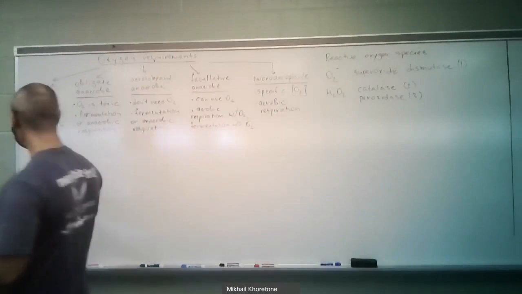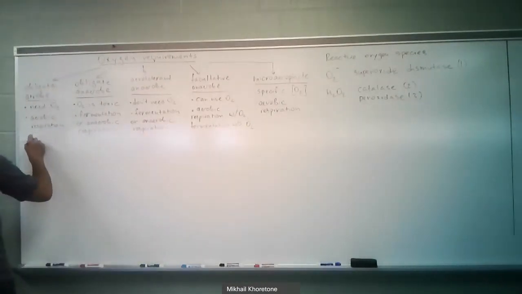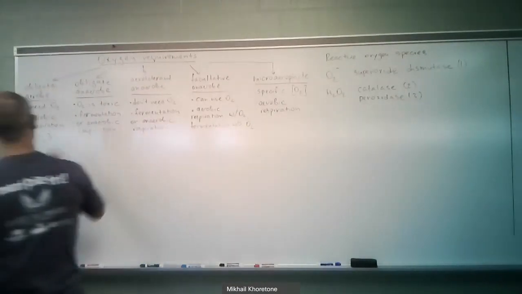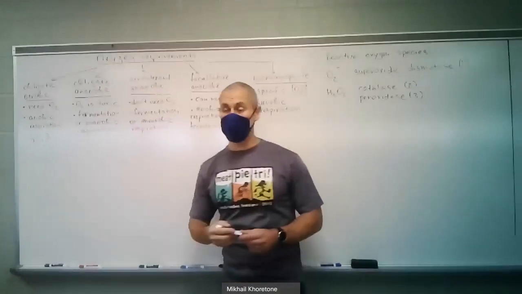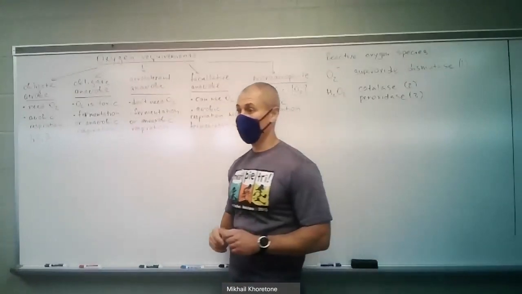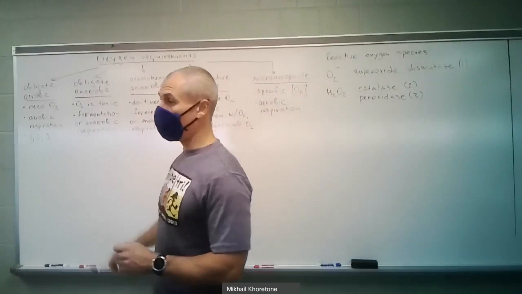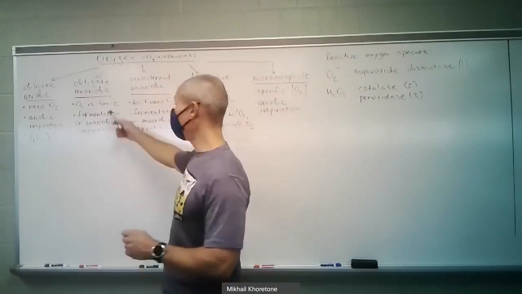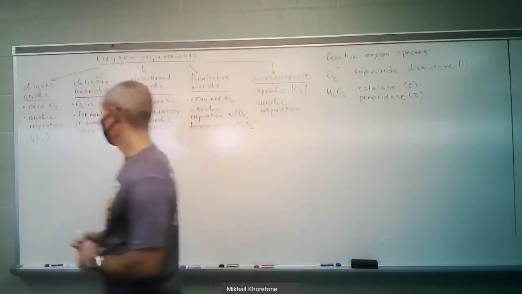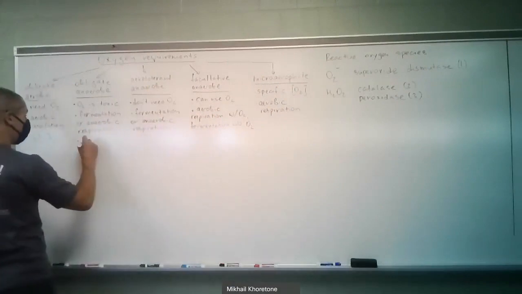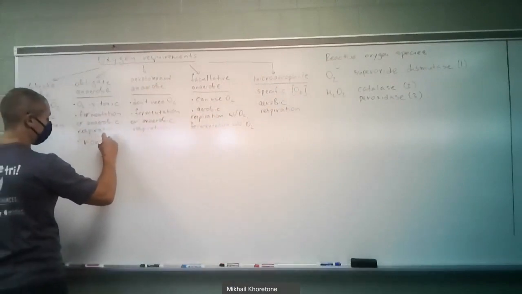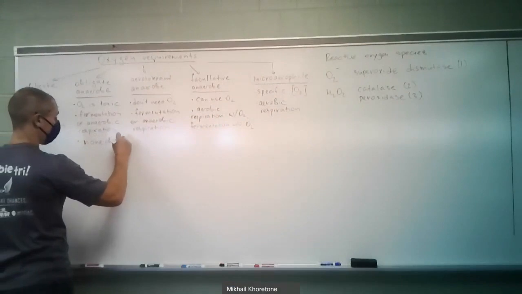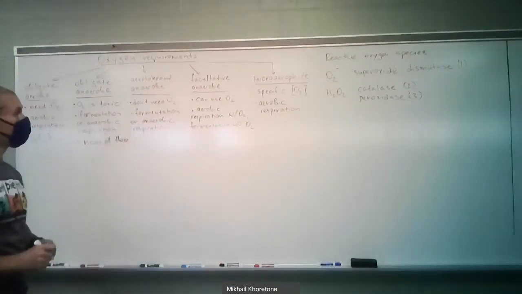Does that make sense? 1, 2, 3. If you have obligate anaerobe, it kind of trades it. Since it is unable to survive in the presence of oxygen, it has none of those enzymes. None of them. Okay?